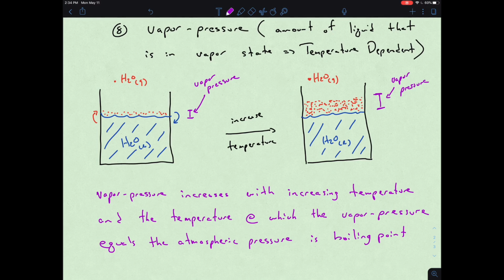So that's why it really depends on where you're at as far as how water boils in terms of that boiling point temperature. If you're here in Vermont, we're roughly at sea level, so we're at 1 atmosphere. So we see right around 100 degrees Celsius.